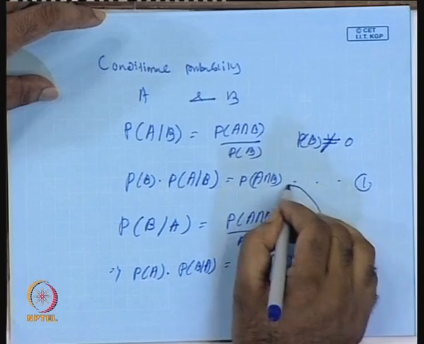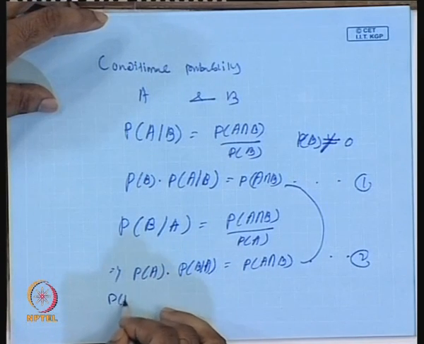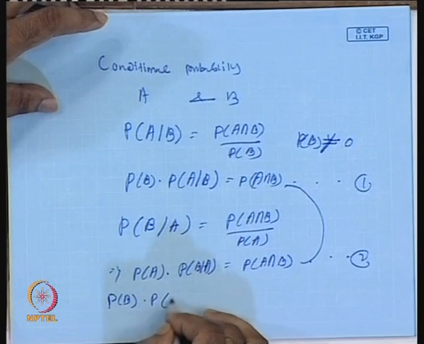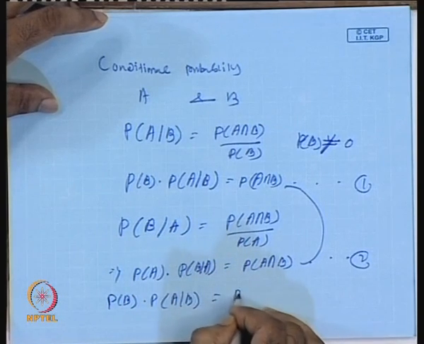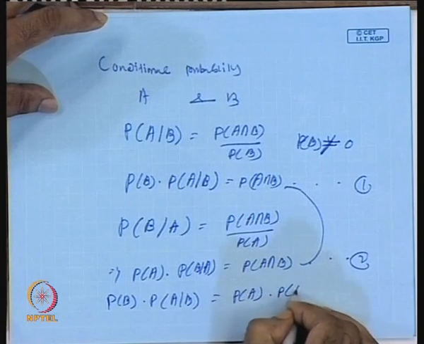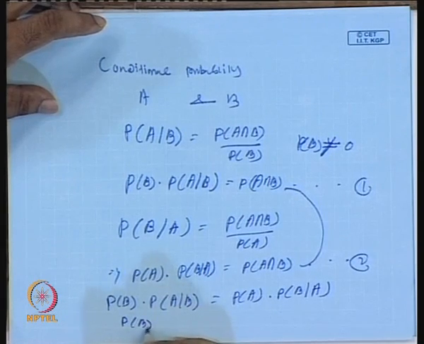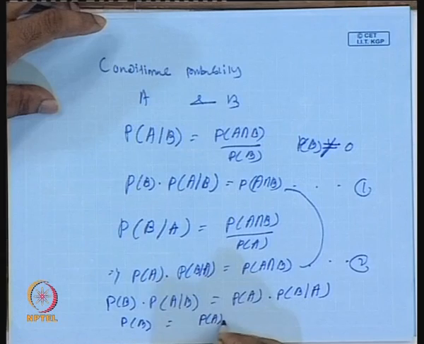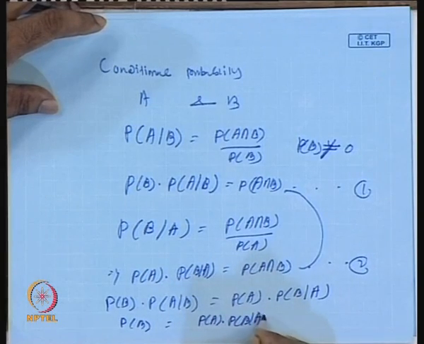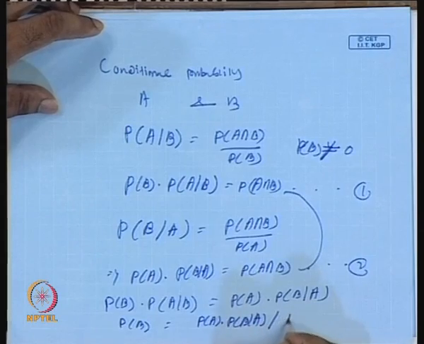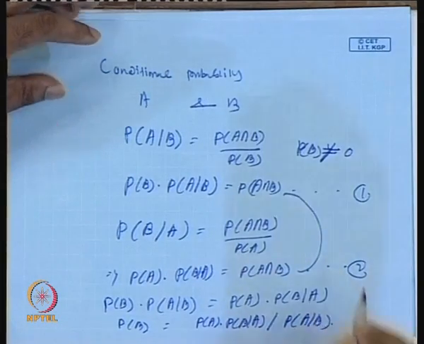Now if we compare these two, probability of B into probability of A given B is equal to probability of A into probability of B given A. So, that means probability of B is equal to probability of A into probability of B given A, whole divided by probability of A given B. This is the theorem of conditional probability, provided in all the cases the value of probability should be positive and in between 0 to 1.